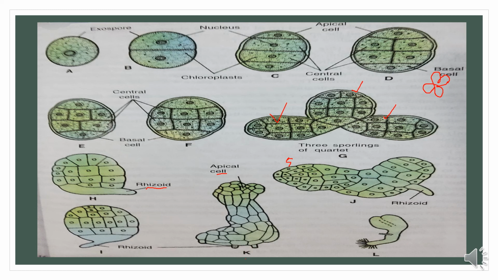And at this stage, that is the K stage or J stage, the sporelings are liberated from the capsule, and on reaching the substratum or ground, the Pellia gametophyte is formed. So this is the spore, and this is the sporeling.